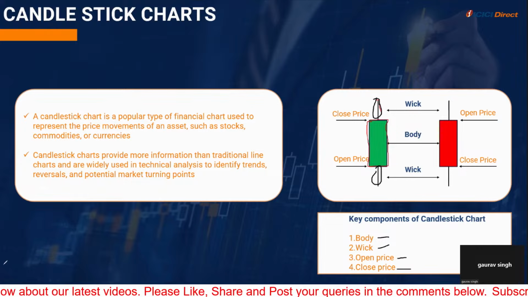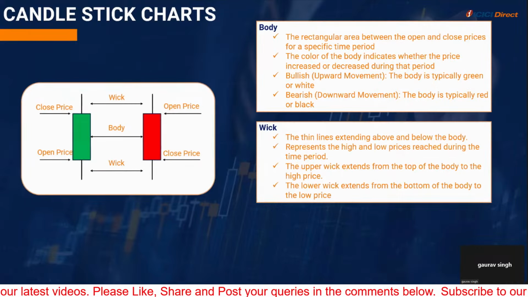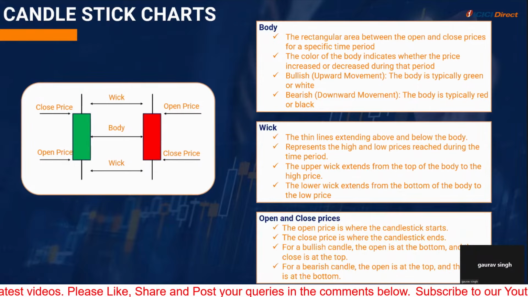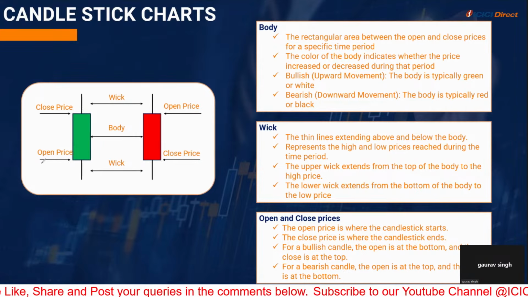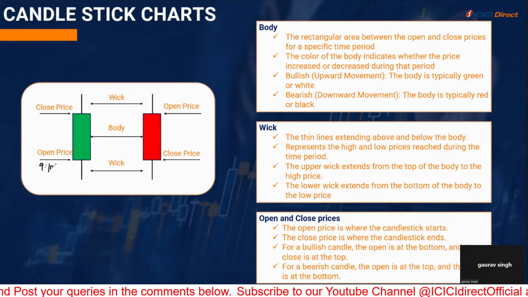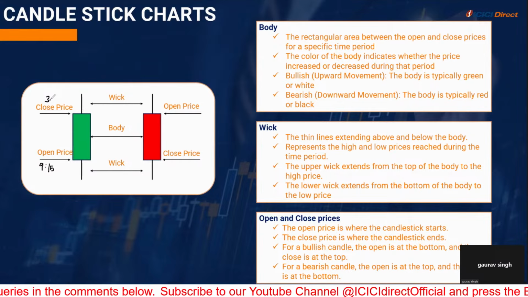Moving on from here, we discussed in detail how a body is formed and how a wick is formed. Just for people who are here, always remember the open price for a green candle is the price which opened at 9:15, because the market opens at 9:15. This is the 9:15 price, and the close price would be the 3:30 price. If the open price is 100 rupees and the close price is 110, we'll have a green candle.